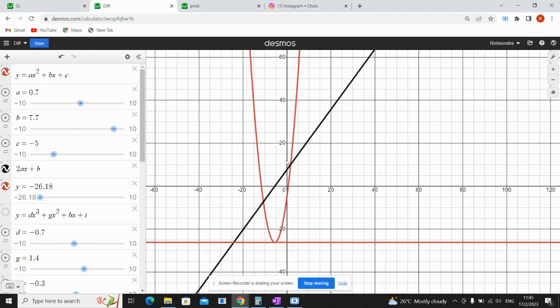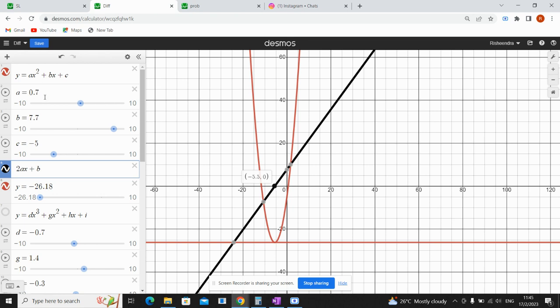The slope of the line, when the slope will be 0, which means the differentiated equation of ax square plus bx plus c is 2ax plus b. If we equate it with 0, look at here how it performs. When we equate it with 0, it is minus 5.5, right? We get the value of x.